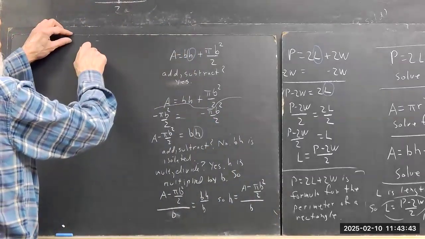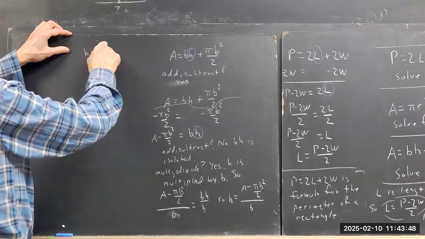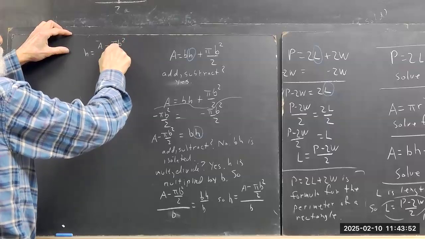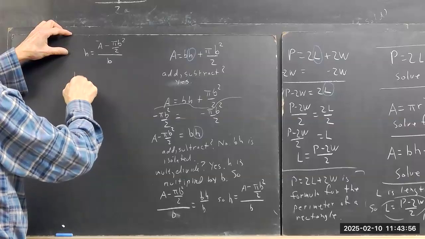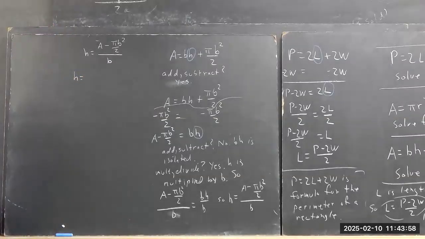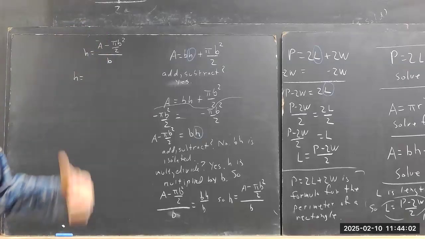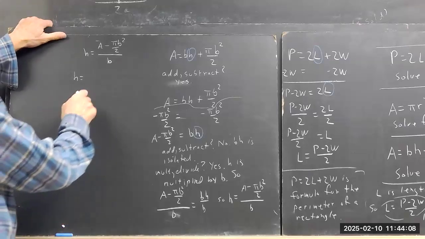So there's a step of simplification that we want to try to understand. Let me write this once more. When you divide an expression by b, it's the same as multiplying by 1 over b. Dividing by b is the same as multiplying by 1 over b.